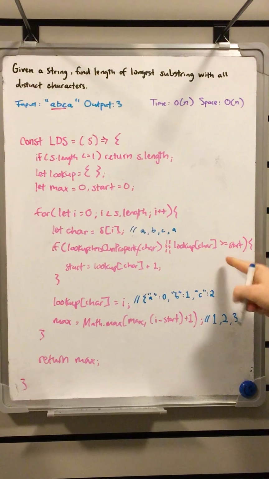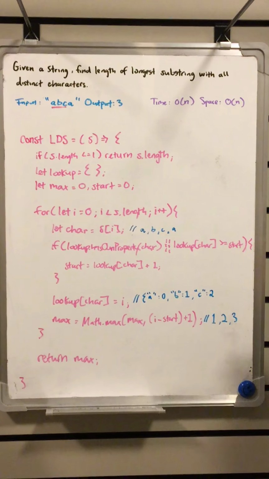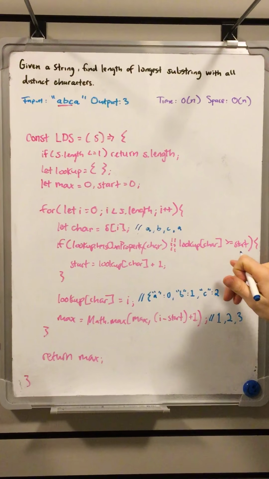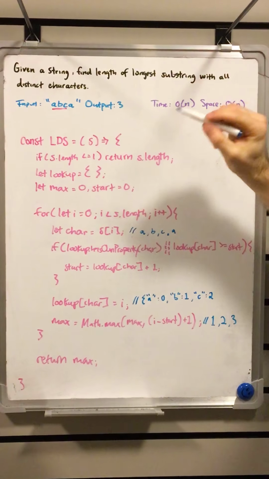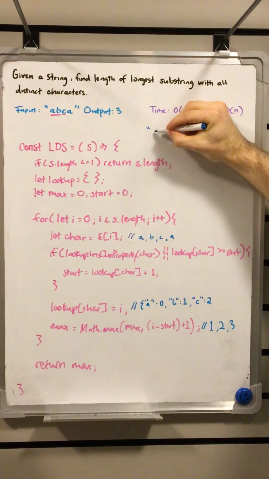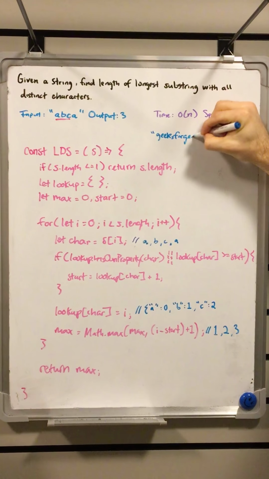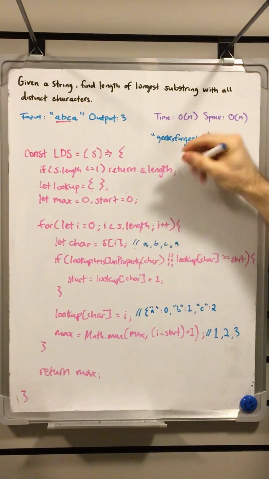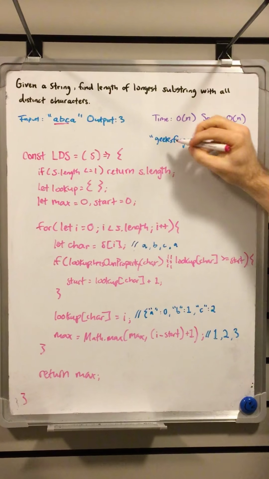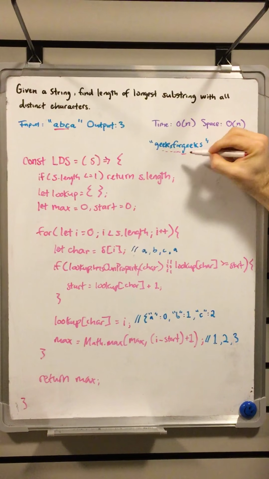And we do this because we want to make sure we're not repeating ourselves. We're not looking at an index value so much lower than the start. Because if we had some other example, maybe something along the lines of geeks for geeks, if we had iterated through geeks for geeks, we would at some point come to G again.